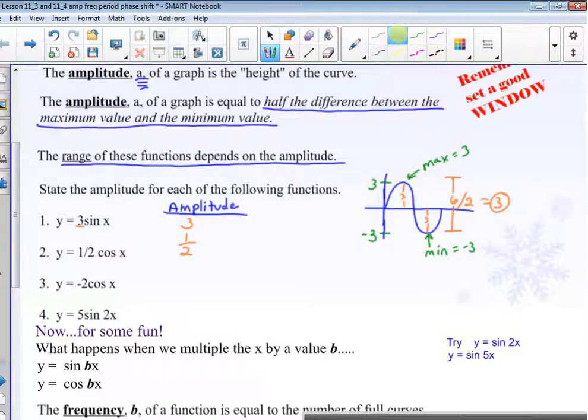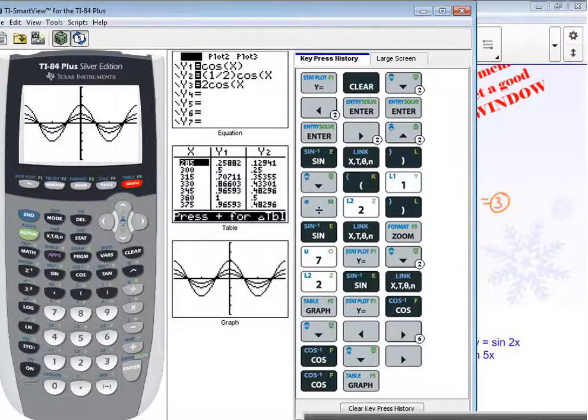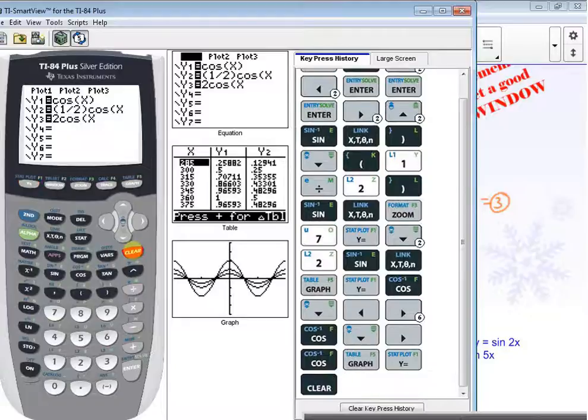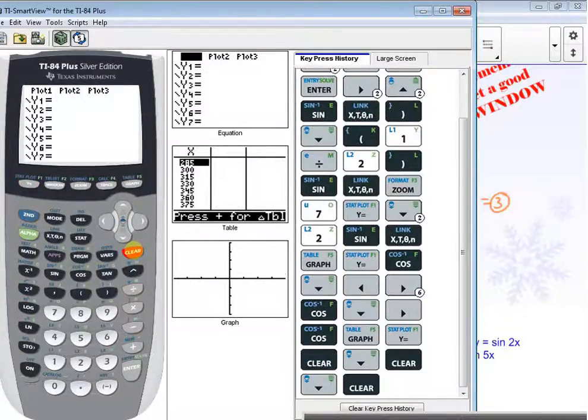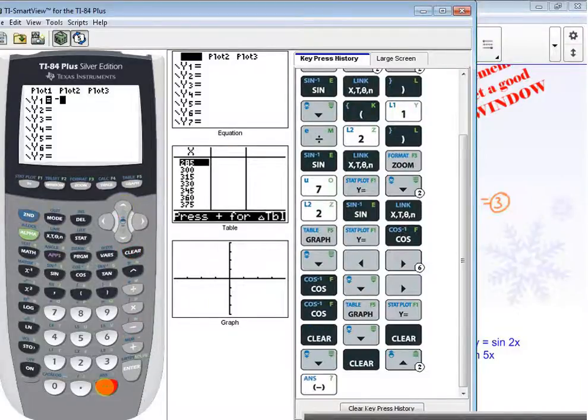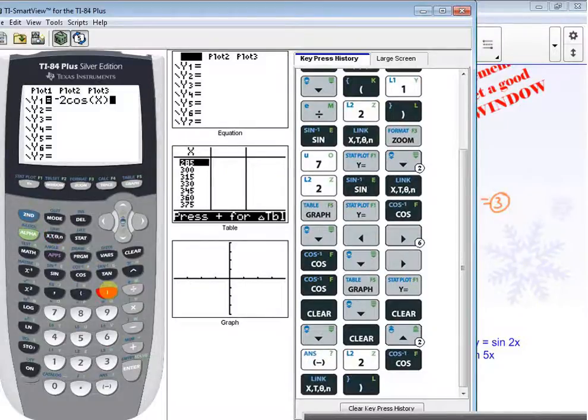Now, here's the thing, though, on y equals -2 cos x. We are talking about a distance. If you graph y equals -2 cos x, let's clear out our stuff here. So I have -2 cos x. Do we think the amplitude is -2?